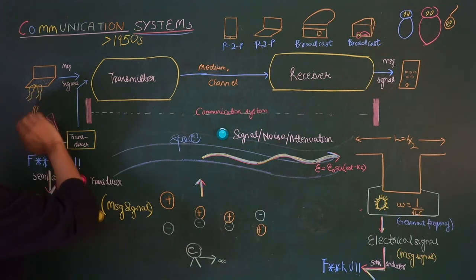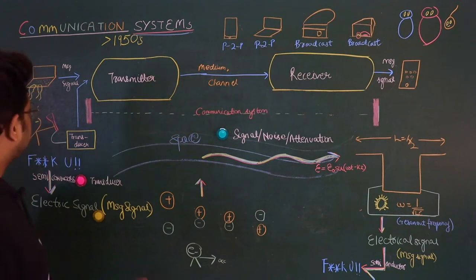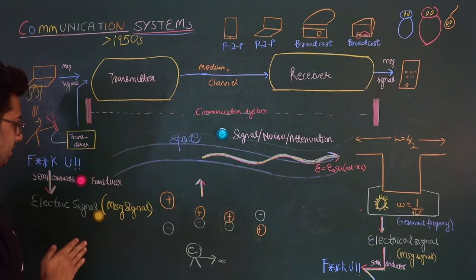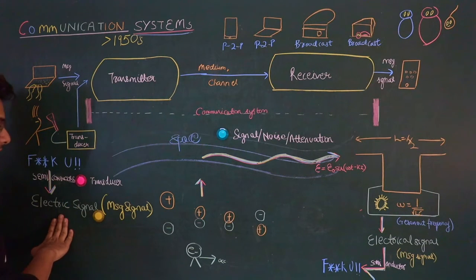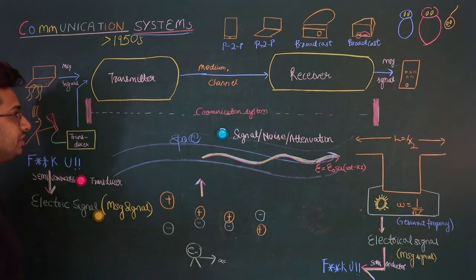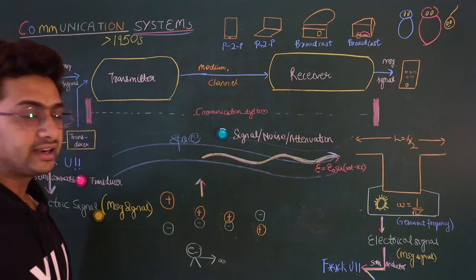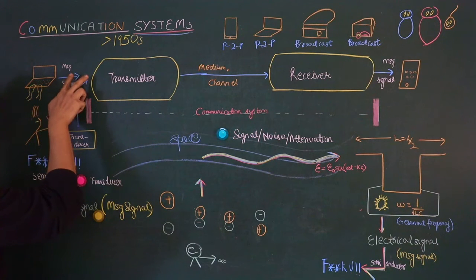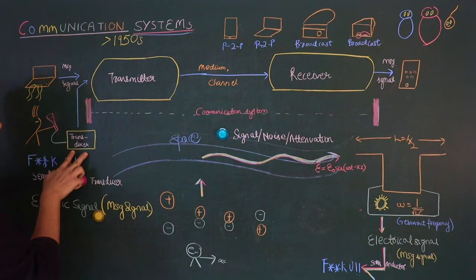Then that is your basic input. This gets converted into a message signal, generally in electric form, because that's what you have to create for the machine to understand. Machine doesn't understand A, B, C, D. It understands electric signal. Obviously, this transformation is done by a transducer.